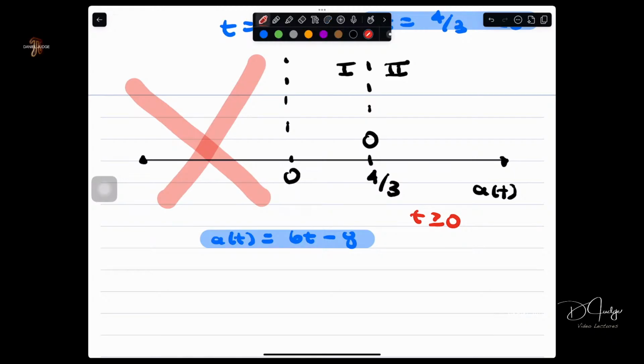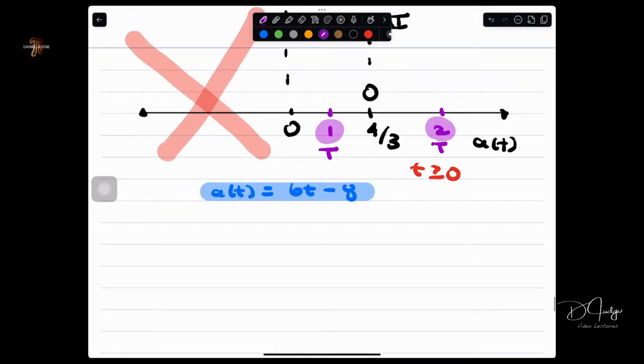All right, we need some time values. 4/3 is bigger than 1. So 1's available, and 4/3 is smaller than 2. So we're going to use those two test point values. Okay. We're going to test the region, test the signs. So when t is 1 now, you get 6 times 1 minus 8, which is 6 minus 8. That is -2.